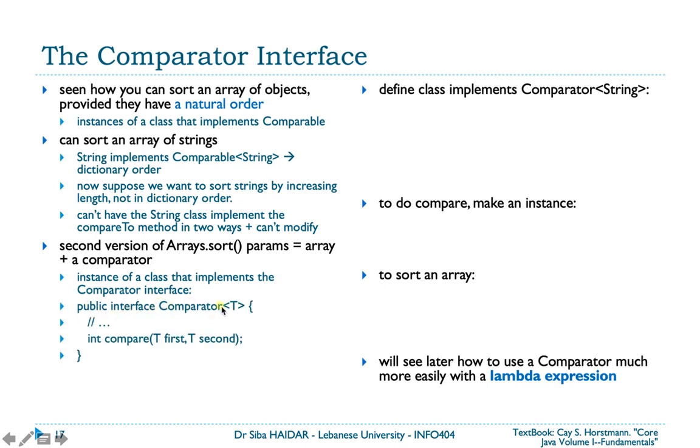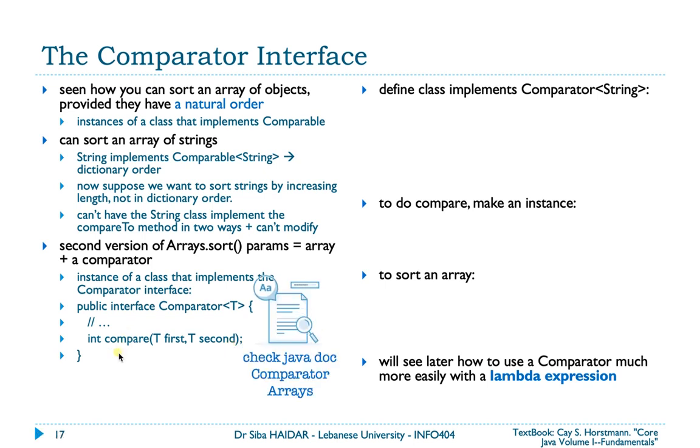Public interface Comparator typed with a type parameter T, and it defines among others the compare method, which takes two parameters of this type T and returns an integer. So as you have already guessed, compare works approximately the same as compareTo, but with two explicit parameters instead of one implicit and one explicit parameter.